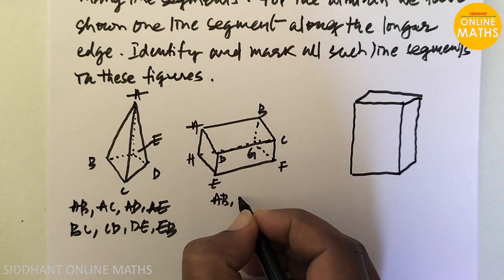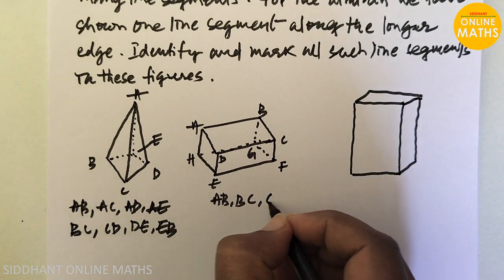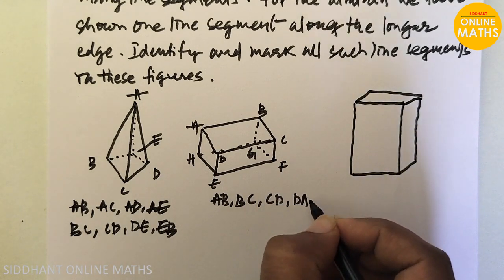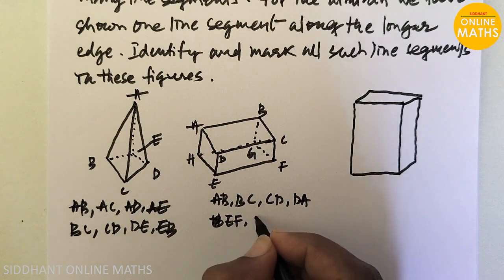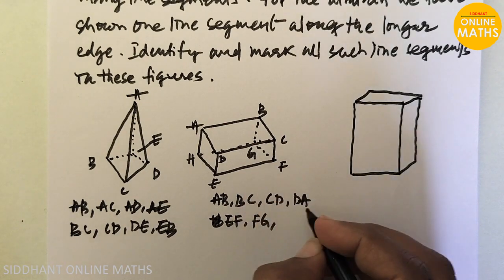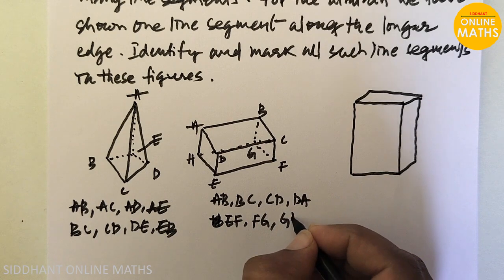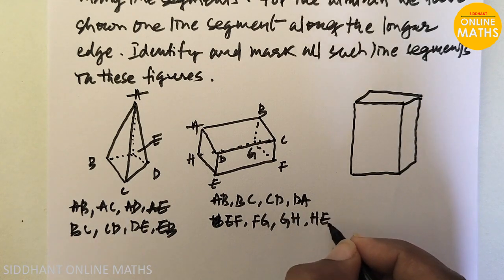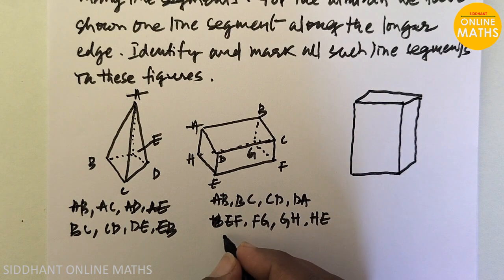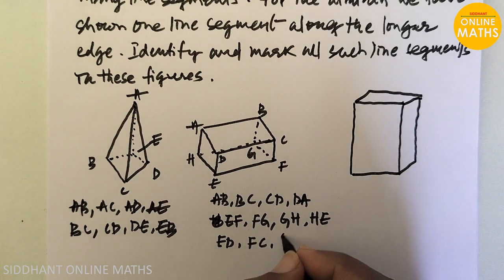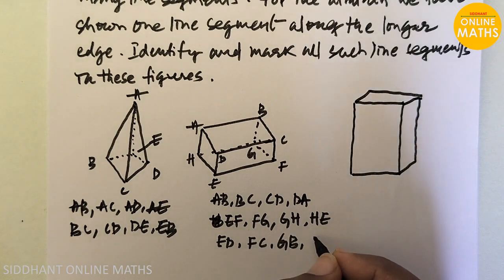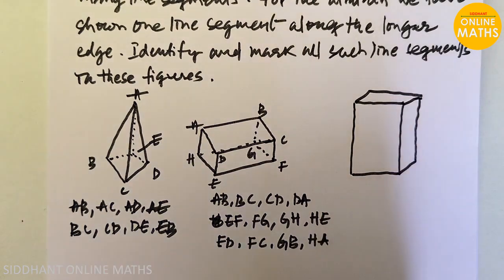So AB one line segment, BC one line segment, CD one line segment, DA one line segment, and at the bottom also you are going to see EF, FG, GH and HE, and also the line segments we say as ED, FC, GB, HA. So these are the line segments.